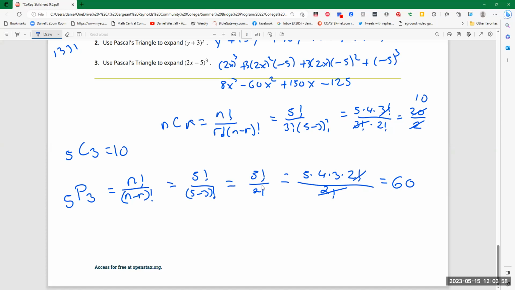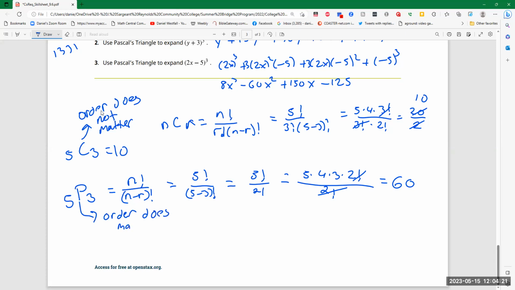So the idea here is that with a combination, order does not matter. With a permutation, order does matter.